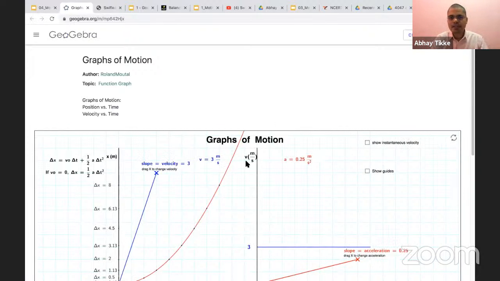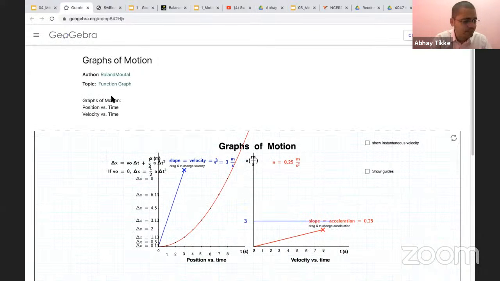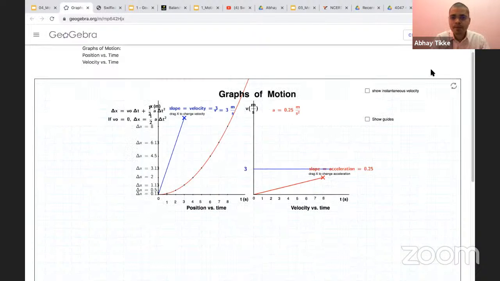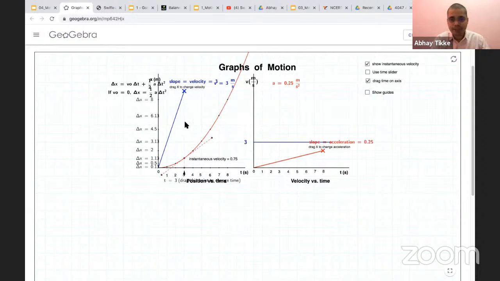This is your basically the graphs of motion, what we are going to discuss today. So here we have these graphs, position versus time and velocity versus time. Now let us do something magic here. Now see here, I'm allowing here to show the instantaneous velocity. अभी देखो ये ग्राफ पहले, let me tell you about this graph first of all.